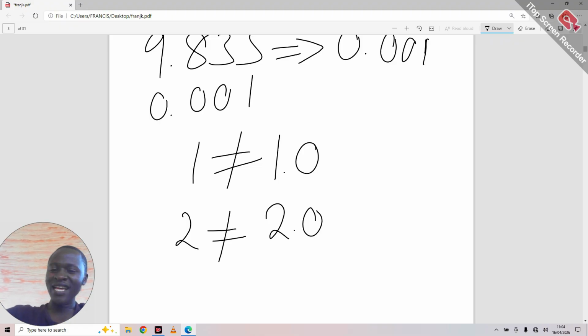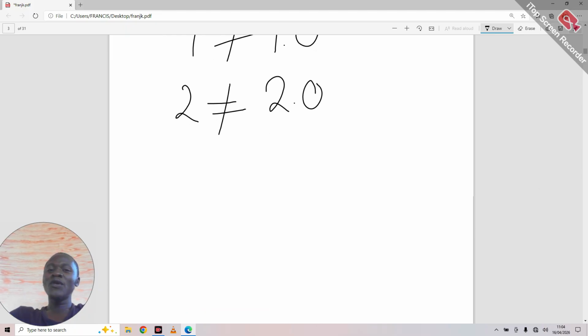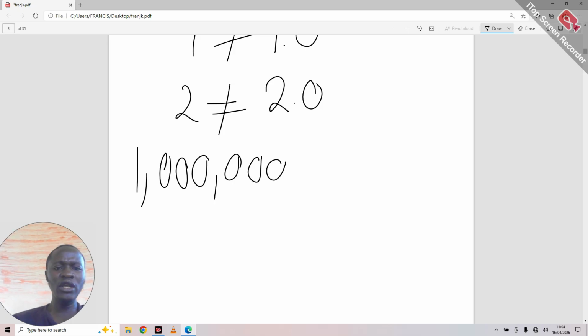Now, I hope you can give accuracy in various numbers. For example, if I have 1 million, remember this is a whole number. For a whole number without any decimal, the accuracy will always be 1.